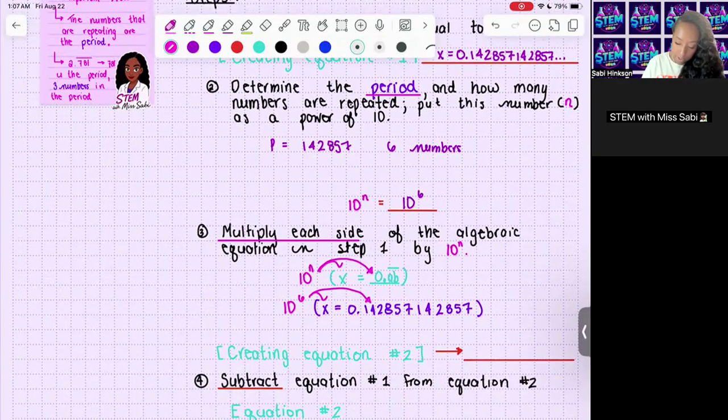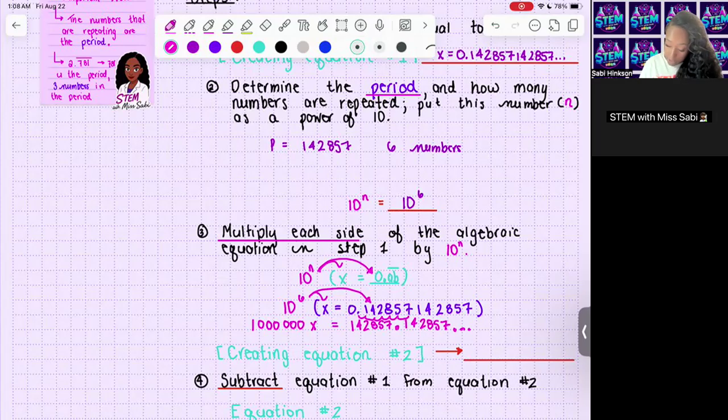So what I end up with is, x is equal to, so this here, we're going to jump 1, 2, 3, 4, 5, 6. So I end up with 142,857.142,857, and that repeats.